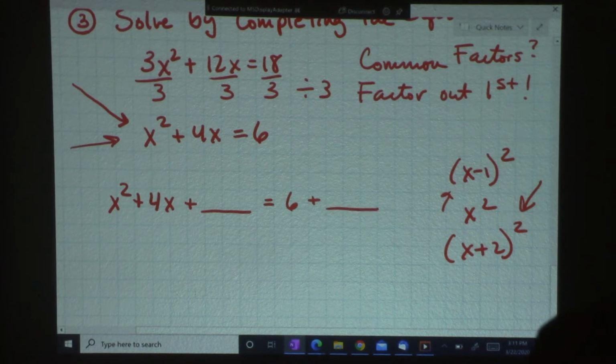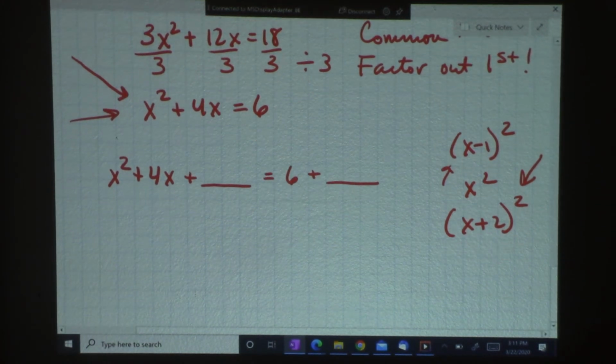And I'm going to add the same thing to both sides. Well, what am I going to add? What I do is I take the value of b, I divide it by 2, and I square it. I thought the gal who did the teaching video did a really good job of showing this, but she's not for everybody.